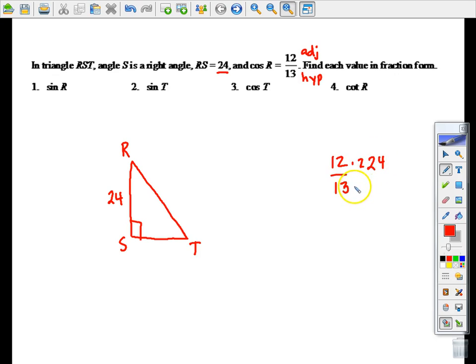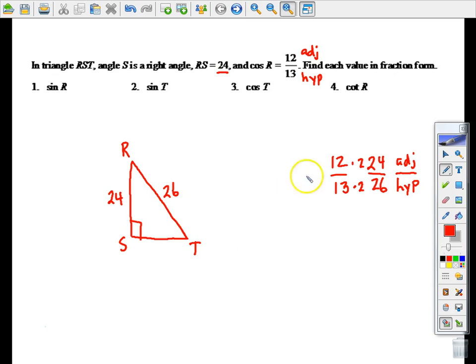So to make this an equivalent fraction, I need to multiply by 2 in the denominator as well. So apparently 12/13ths is just a simplified version of the fraction 24 over 26. So since my adjacent side was given as 24, that means the hypotenuse must be 26.